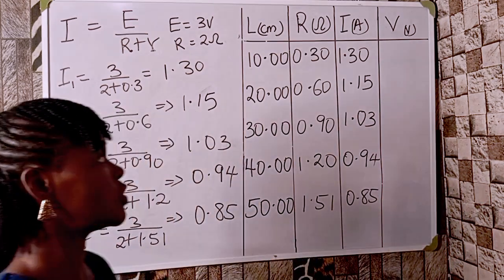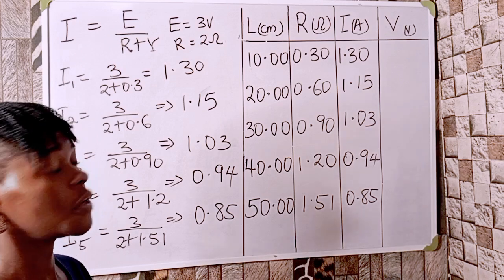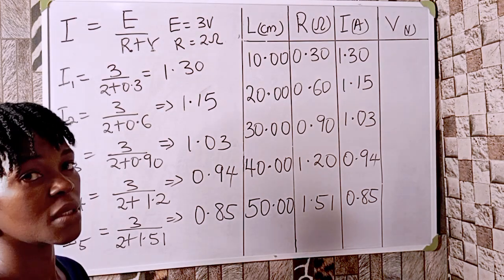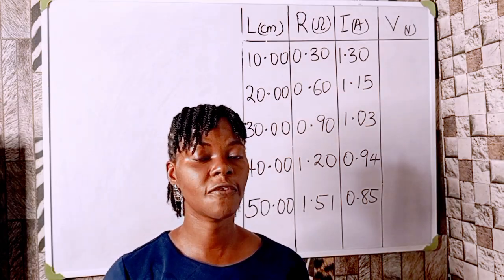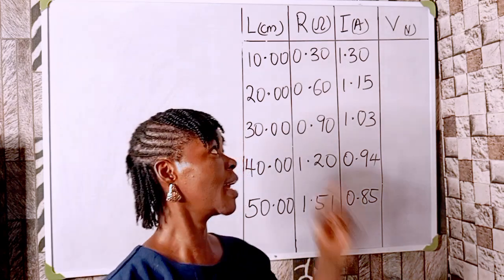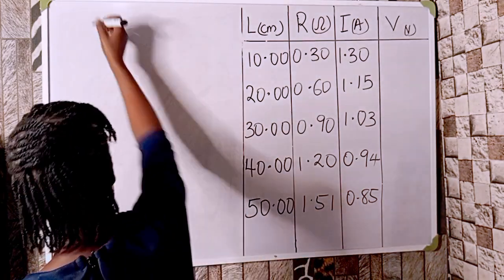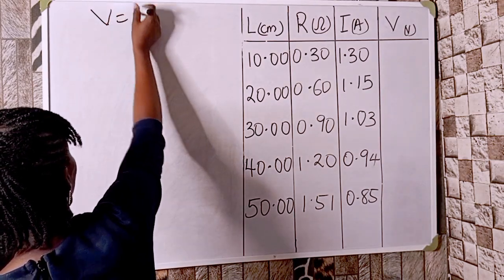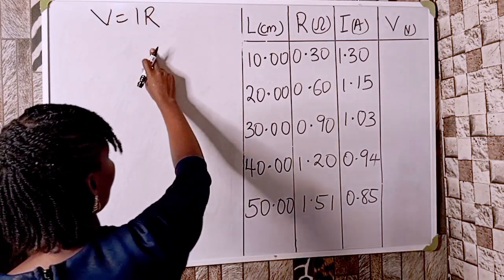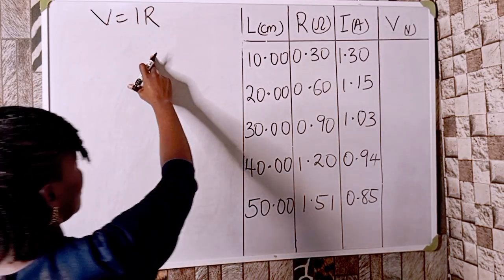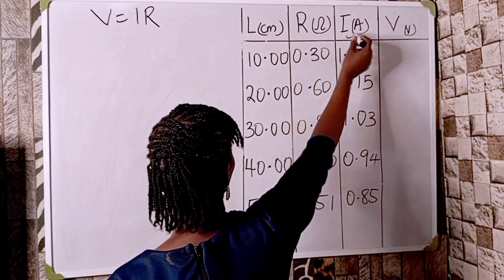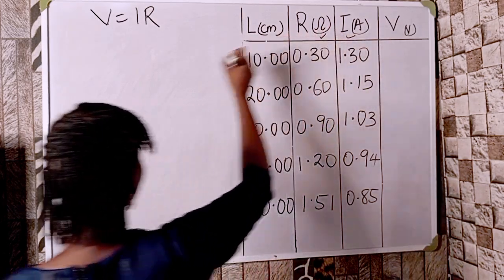So guys, let's proceed to get our potential difference, which is measured in volts. We can use the formula of Ohm's law, V is equal to IR. I have my I now, which is current, and I have my resistance.